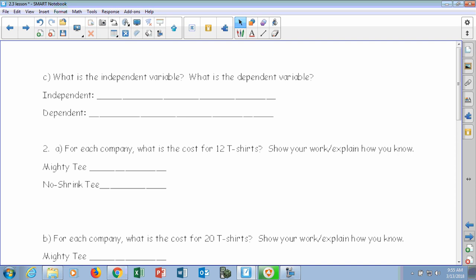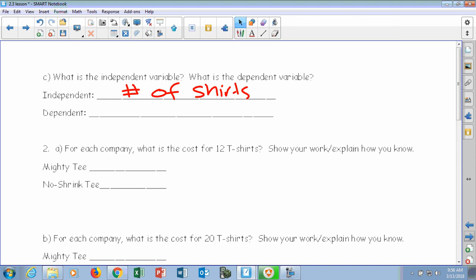Which means it determines our dependent. Yeah, it would be our n, which is our number of shirts. Depending on the number of shirts we have determines the total cost that we're going to get. So our independent variable is our number of shirts. Good job, Anthony.